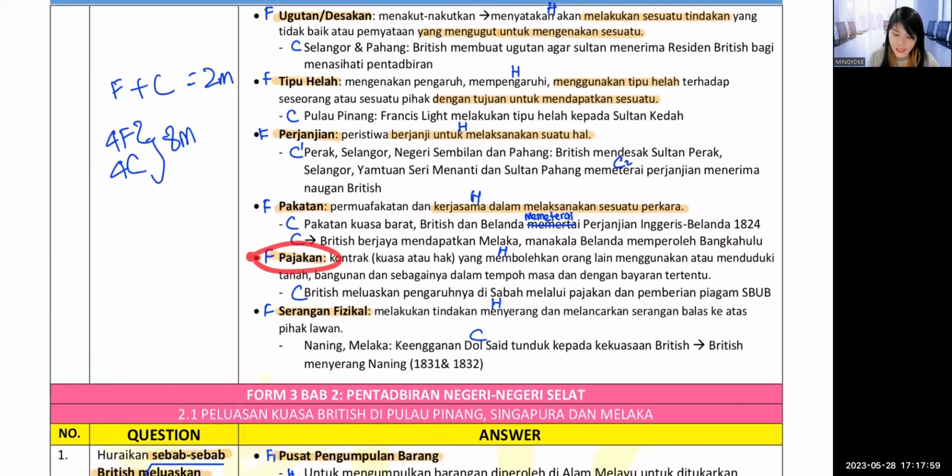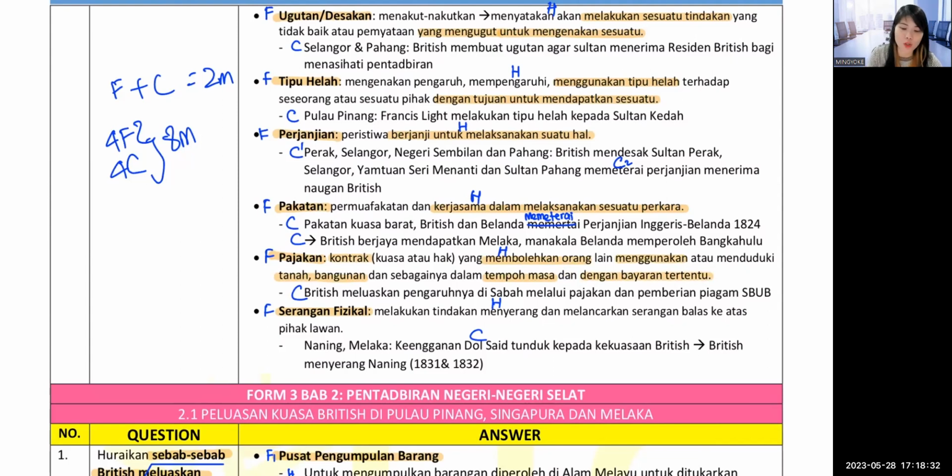Then guys, pajakan means is a contract that allows us to use a land in a certain period of time. Yeah, it's a contract. Membolehkan seseorang menggunakan tanah bangunan tempoh masa dengan bayaran tertentu. It's like mortgage or rent to you.